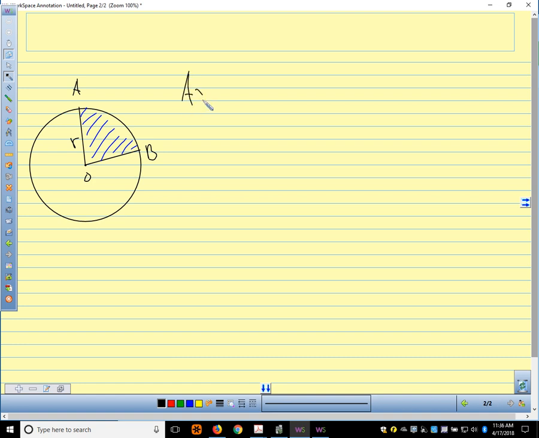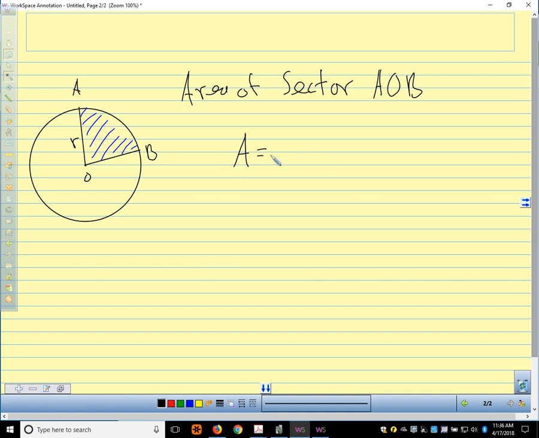The area of sector AOB is the measure of arc AB, the angle measure, divided by 360 times pi r squared. And our units are going to be square units.